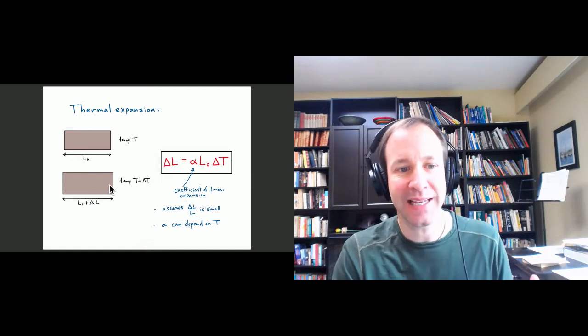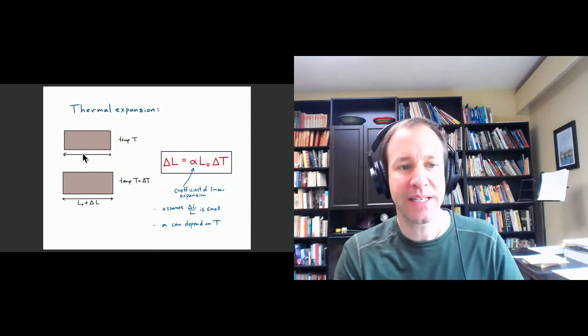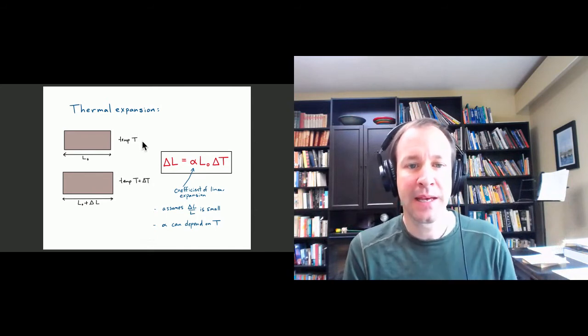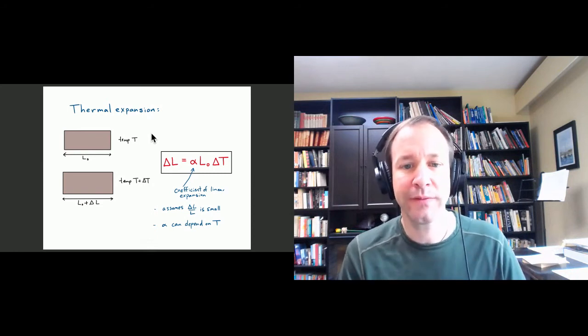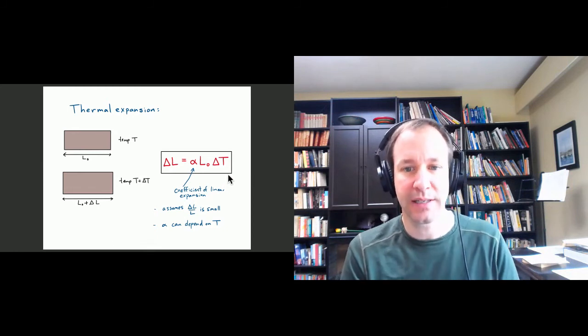So looking at the length of a brick or a bar of metal that's at some initial length L0 and some initial temperature T. Now we change the temperature a little bit, and what you find is that the change in length is proportional to the change in temperature. So another proportionality relation, as long as the change in temperature is small.